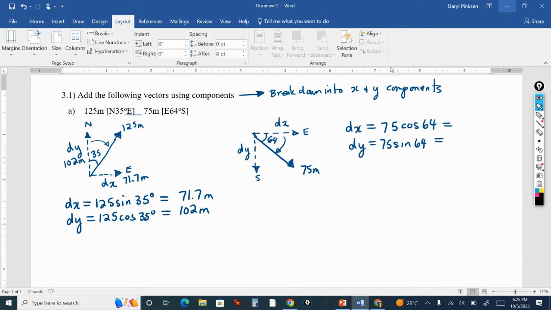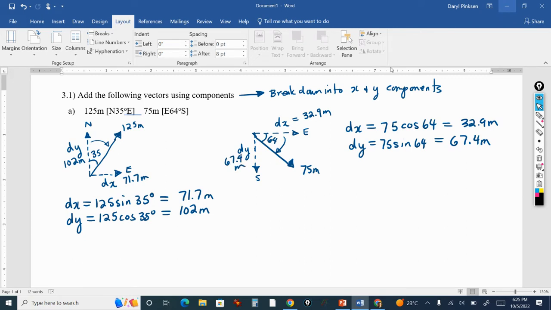And 75 cos 64 is 32.9. And 75 sine 64 is 67.4. So on the x-axis, it would be 32.9. And on the y-axis, it will be 67.4 meters.